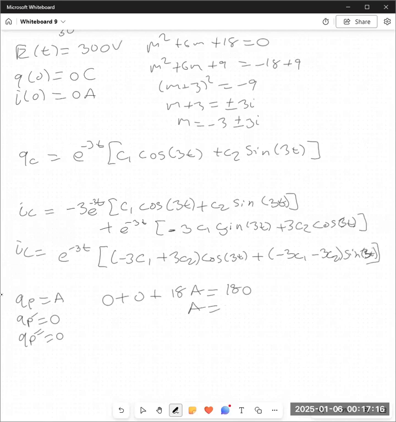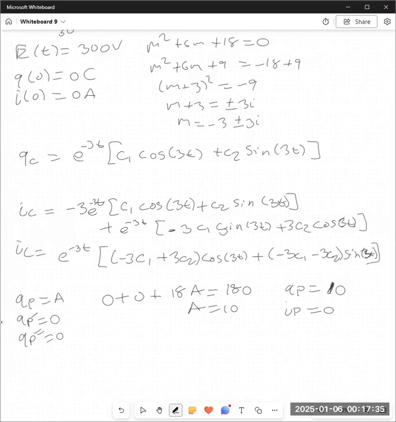So A is going to be equal to 10. So that means QP is equal to 10. And that means that IP is going to be equal to 0.